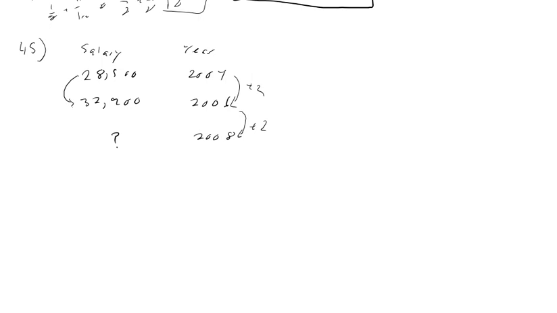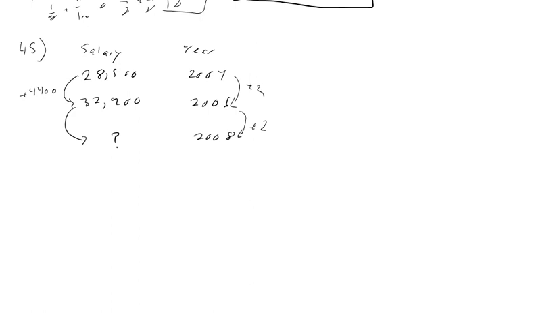So how much did we increase here? Let's take out our calculator. 32,900 minus 28,500 is 4,400. So this added 4,400 to their salary in 2 years.